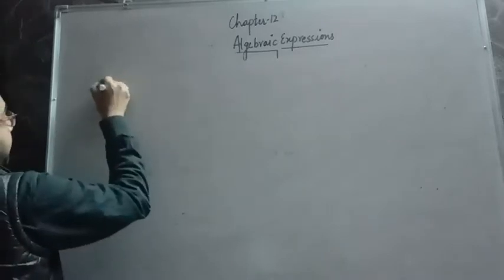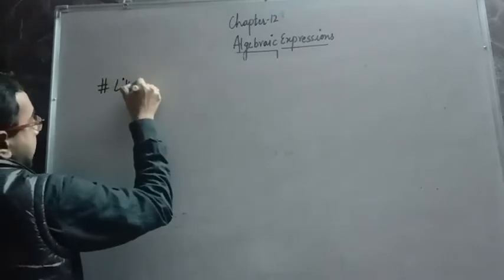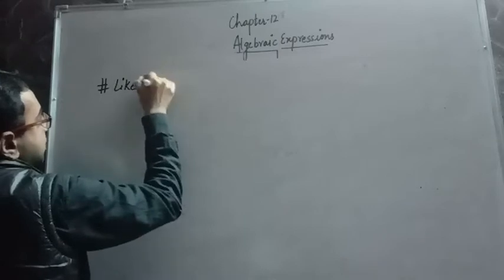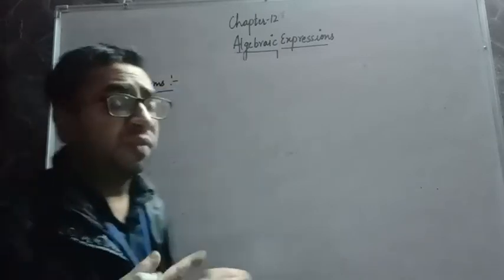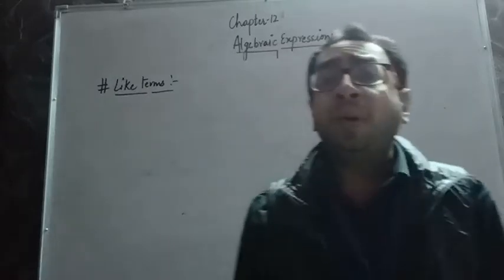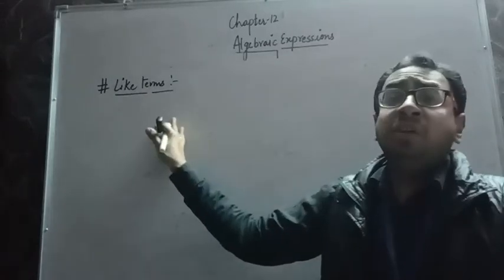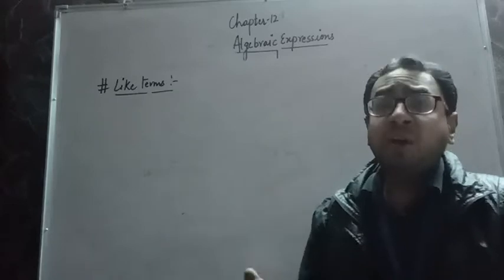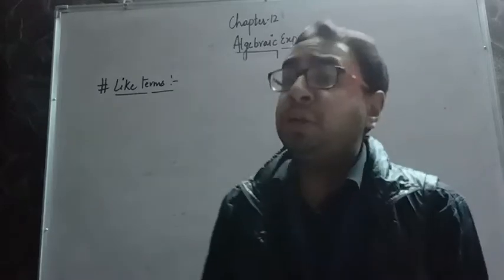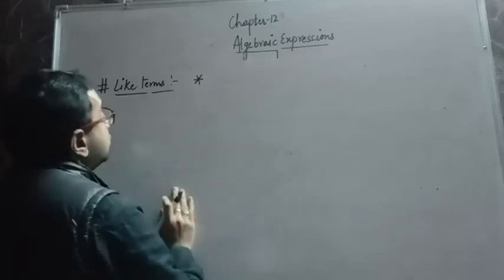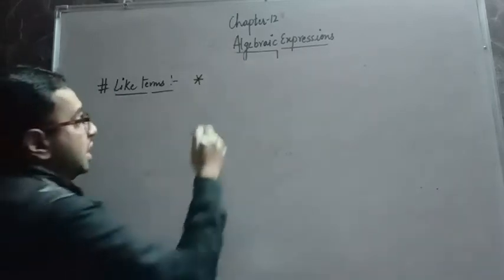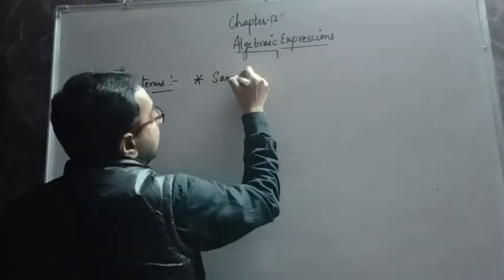Next concept, like terms. Earlier we discussed like terms when we talked about integers, fractions or rational numbers, whose denominators are same. But when we talk about algebraic expression, the two prominent conditions for terms to be like are: they must have same variables, a very important concept.